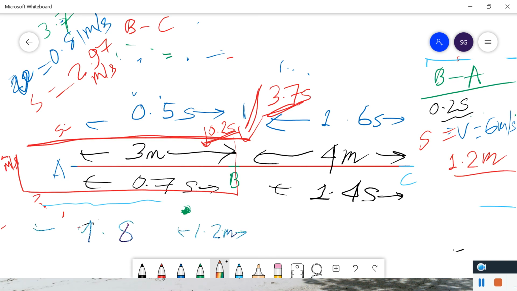Now the question is just child's play to answer. So what about the speed and velocity? So easy.